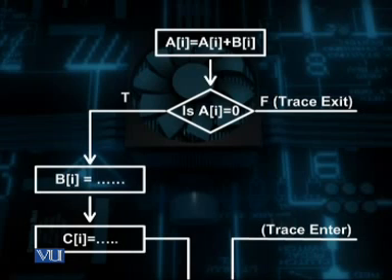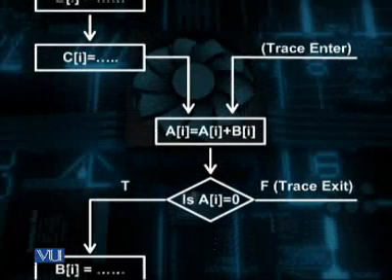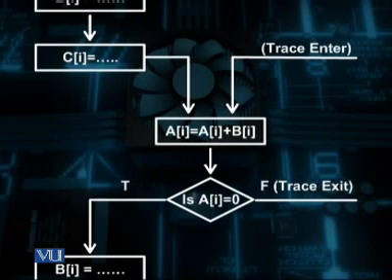Here, if we take the true path as most frequent, then the primary trace could be generated by unrolling the true path n number of times. We can assume n is equal to 4 as a typical case.